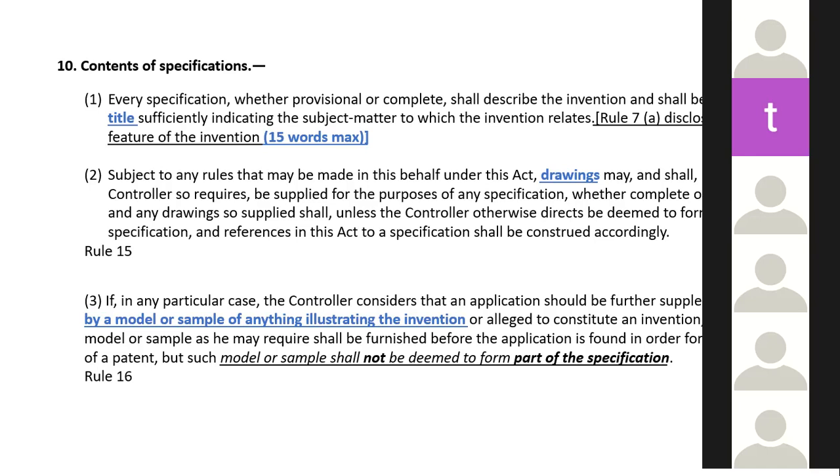If in any particular case the controller considers that an application should be further supplemented by a model or sample of anything illustrating the invention or alleged to constitute an invention, such model or sample as he may require shall be furnished before the application is found in order for grant of patent, but such model or sample shall not be deemed to form part of the specification. जो भी आप मॉडल और सैंपल सबमिट करोगे वो आपका स्पेसिफिकेशन का पार्ट नहीं रहेगा. That is the additional information that is required by the controller.